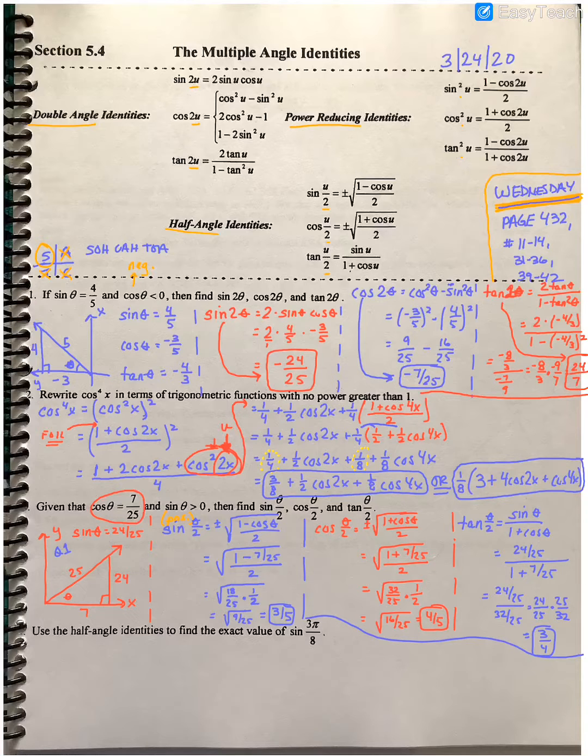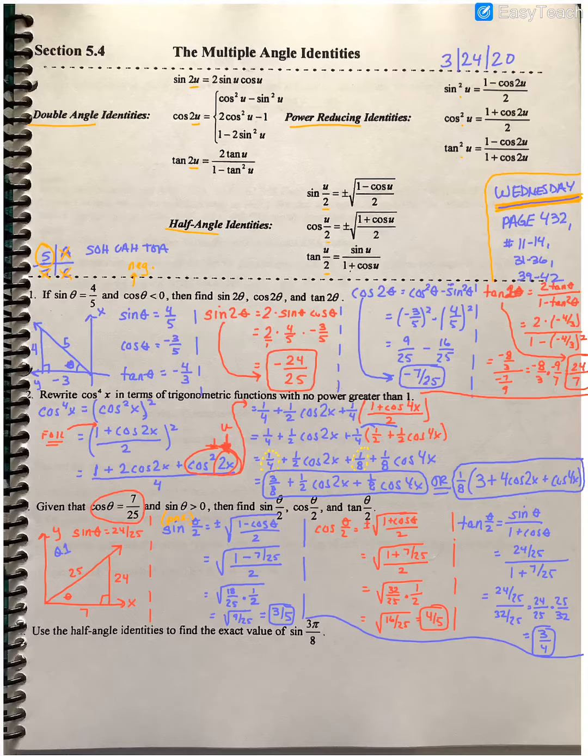Okay, so that we have used the double angle and half angle identities. I've shown an example of simplifying with the power reducing identities. And I want to do something a little different with example 4 using the half angle identities: using the half angle identities to find the exact value of sine of 3 pi over 8.